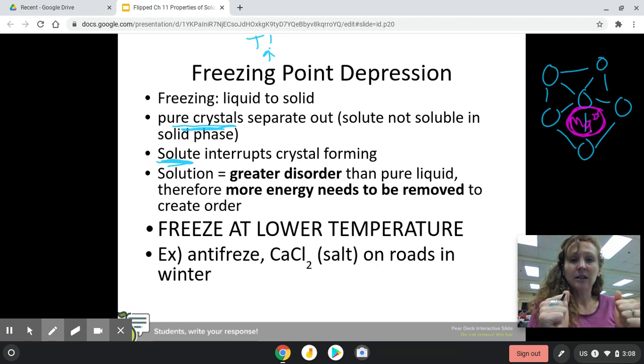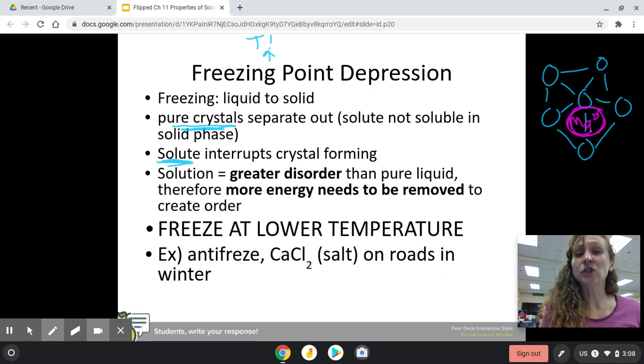It's going to get in the way of that molecule to molecule attraction, that intermolecular force between the two water molecules or whatever your solvent is. And so what has to happen is your molecules have to slow down even more, which means a lower temperature, so that that attraction can lock these two things into place.